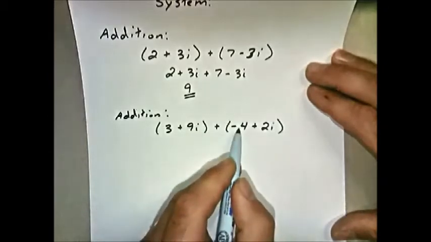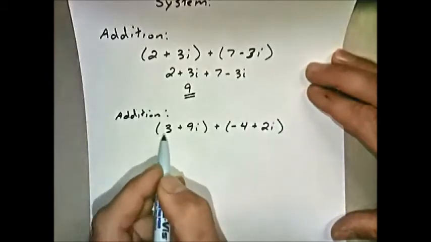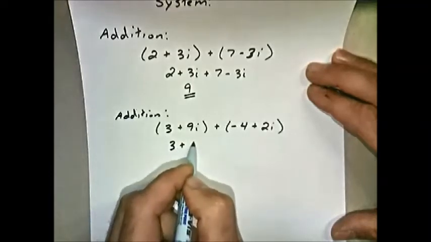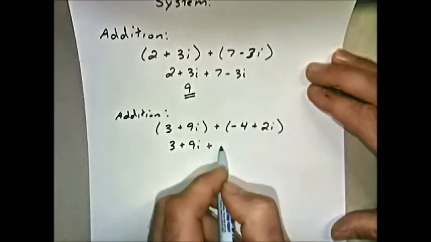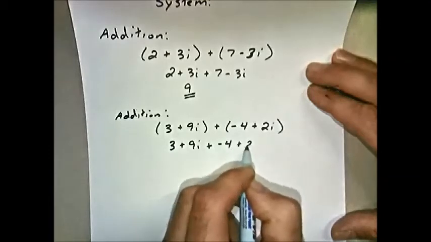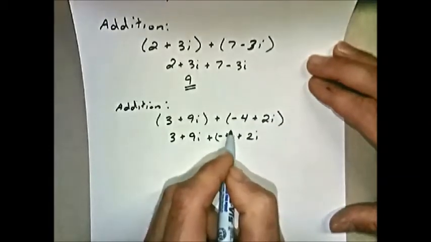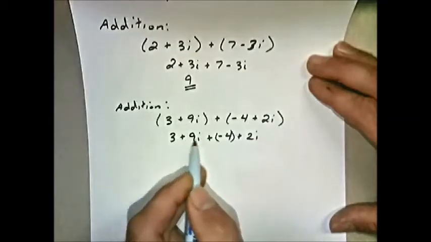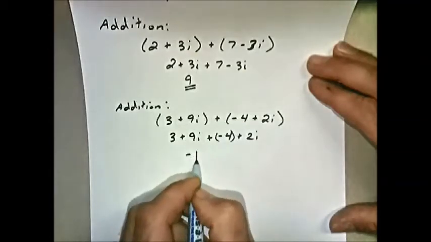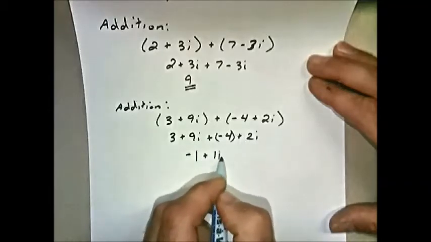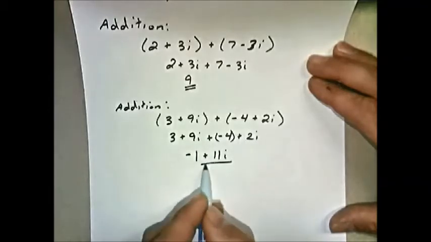Again, nothing is happening to either one of these quantities, so we're going to bring them out of the parentheses and then combine like terms. Remembering this is a negative 4, we have 3 plus the negative 4 gives us negative 1, and 9i plus 2i gives us 11i. And there's our final answer.